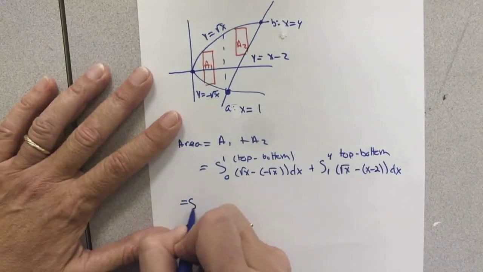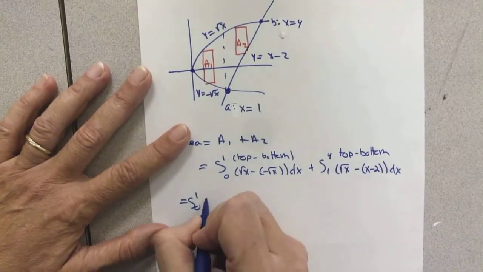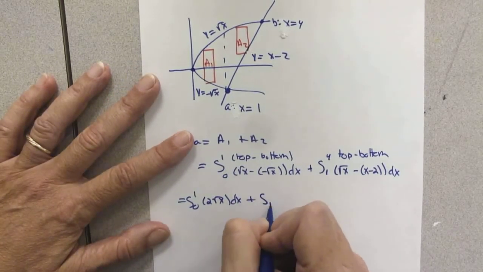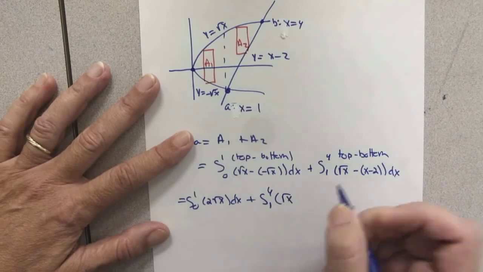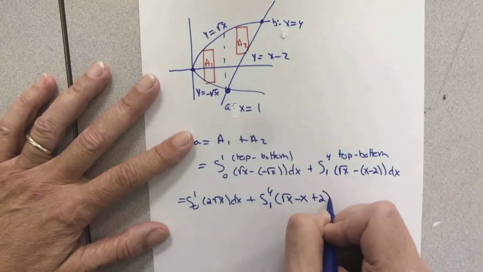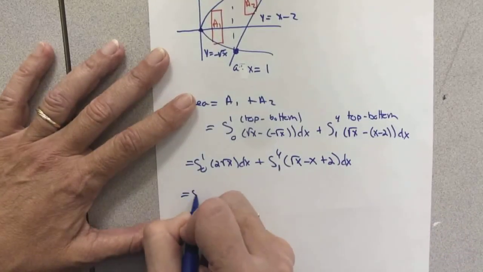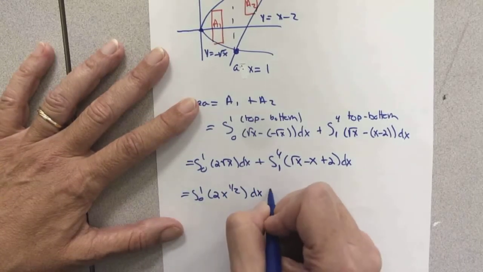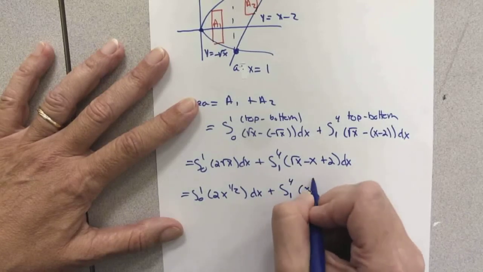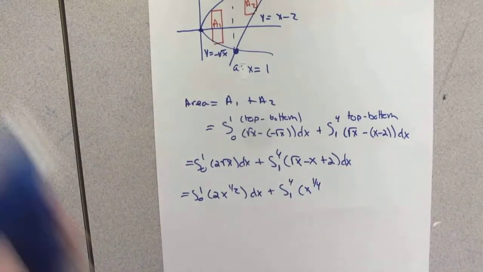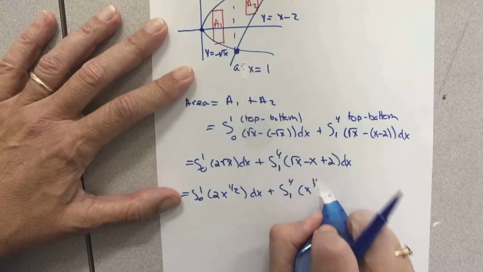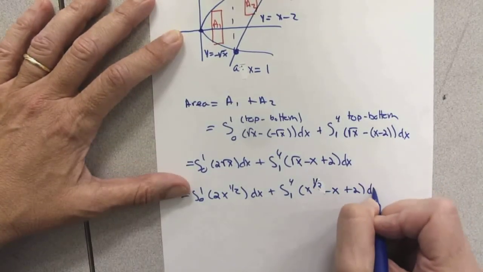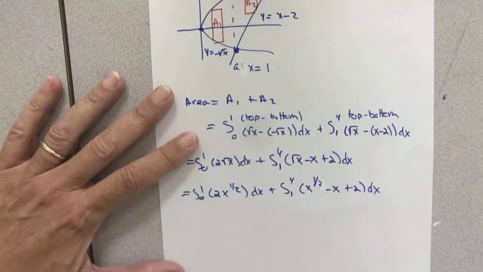But now working it out, that's going to be the integral from 0 to 1 of 2 square root of x dx plus the integral from 1 to 4 of square root of x minus x plus 2 dx. Just for reminder's sake, that's 2 times x to the 1/2 dx plus the integral from 1 to 4 of x to the 1/2 minus x plus 2 dx. Find the antiderivatives.